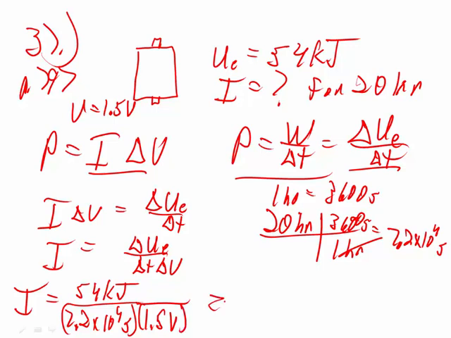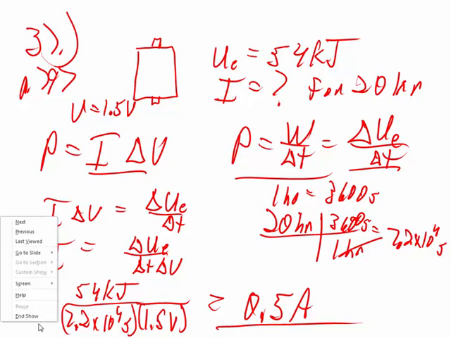And so what do we get? 54 times 10 to the 3rd divided by 7.2 times 10 to the 4th times 1.5. And we get an awesome number of 0.5 amps. There you go. All right, I hope these problem sessions help.